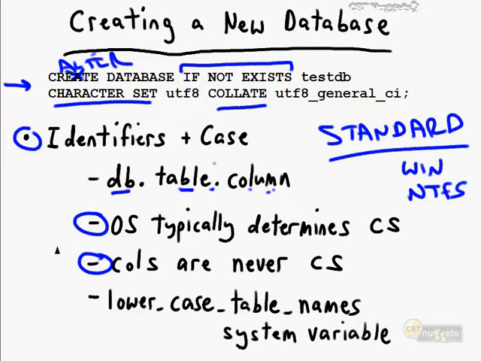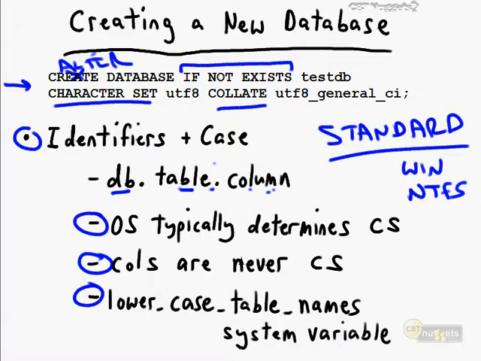Finally, to help us with this very confusing issue of object and identifier case sensitivity, we have a system variable called lower_case_table_names. Depending upon how this parameter is set in your MySQL option file, if you set this value to 1, then table names are stored in lowercase on disk, and table name comparisons are not case sensitive.